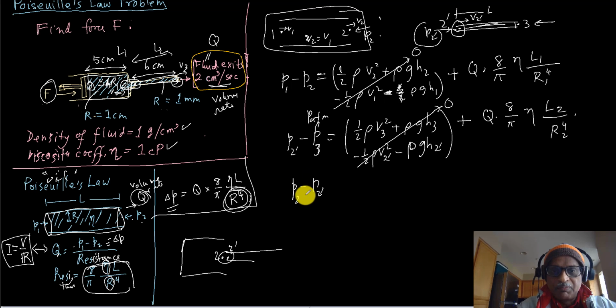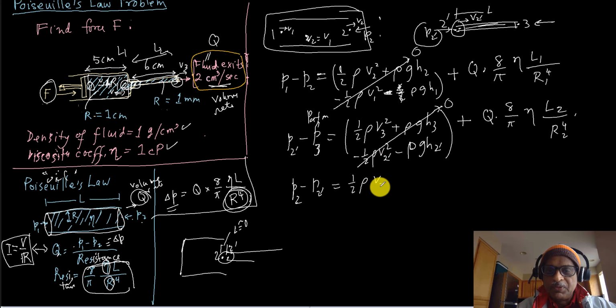They will be almost in the same place, so the length L will be close to 0. So I won't have any contribution like that, but I will have a contribution like this: half rho V2 prime square plus rho g h2 prime minus half rho V2 square minus rho g h2.